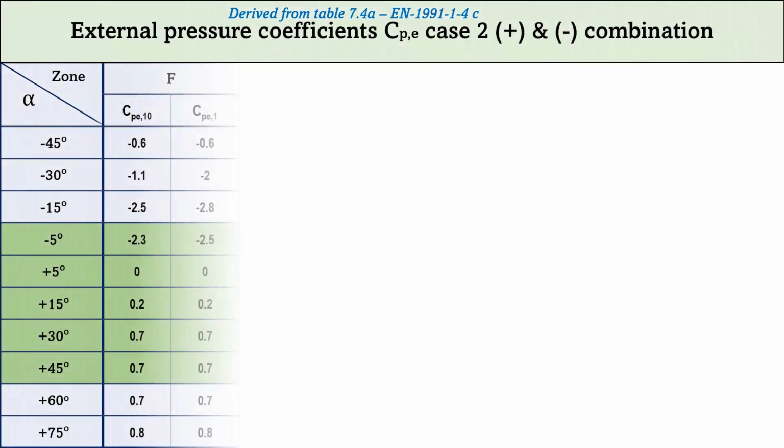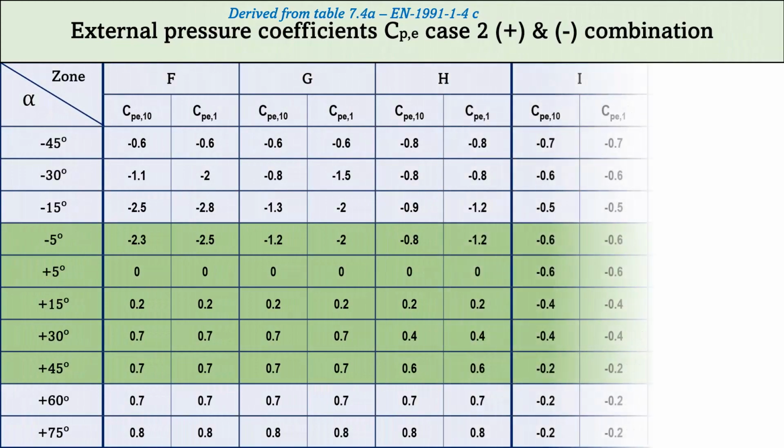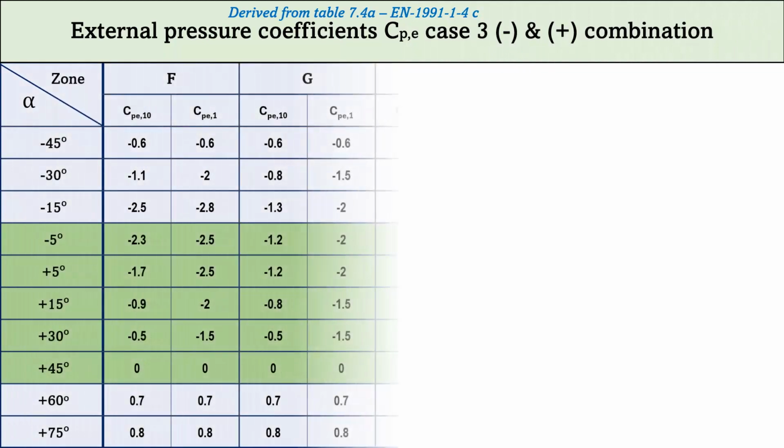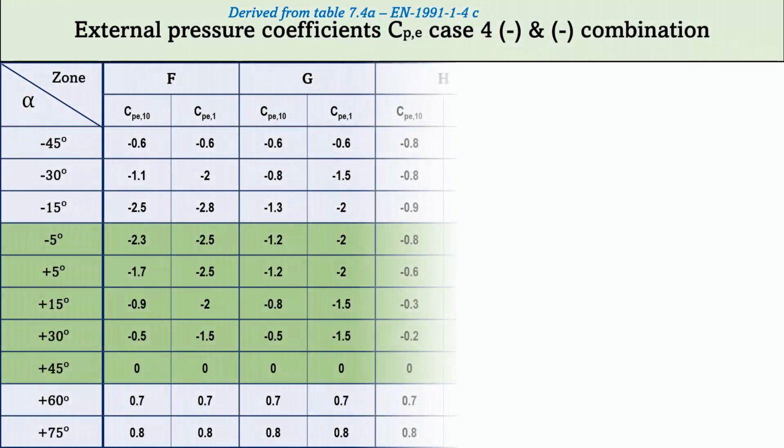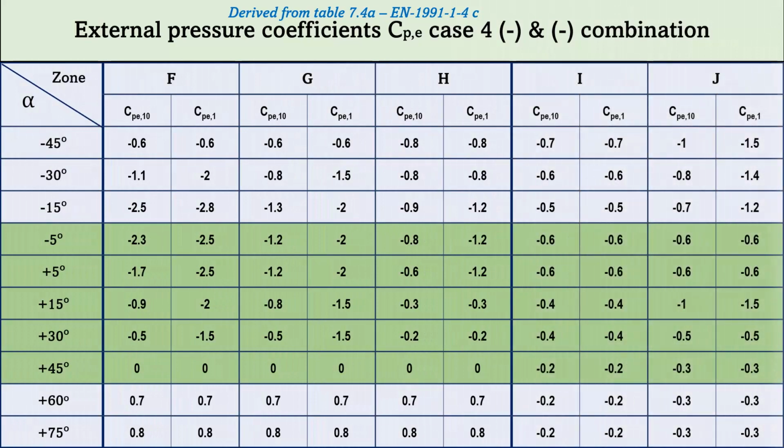Here are the external pressure coefficients CPE case 2, plus and minus combination. And here the external pressure coefficients CPE case 3, minus and plus combination. The last one is the external pressure coefficients CPE case 4, minus and minus combination.